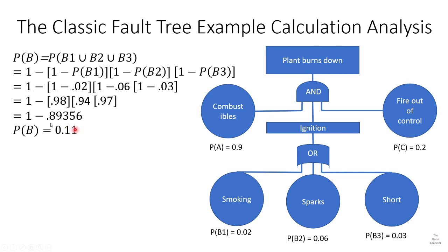Okay, so as you can notice, when we use the union, we can also use the addition. So it will become like a shortcut or an easier way to determine the probability of B. Take for example, we have the B1 0.02, B2 0.06 is equivalent to 0.08, and then when you add 0.03, it will be equivalent to 0.11.